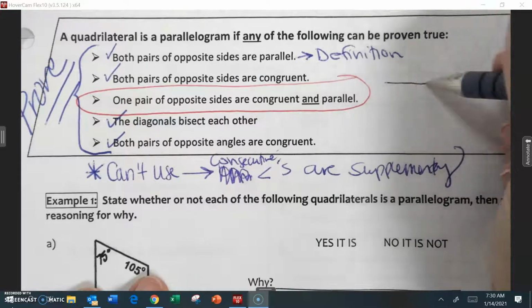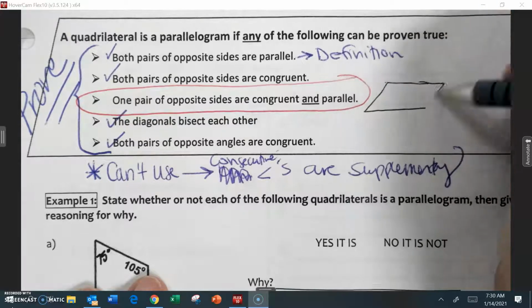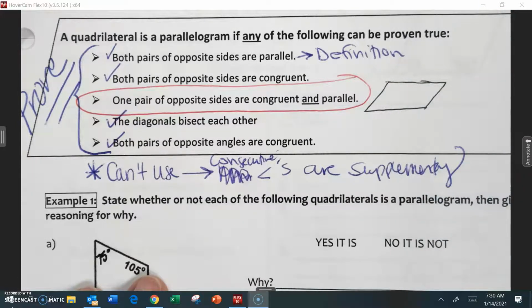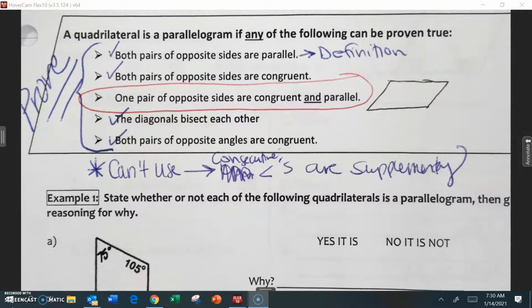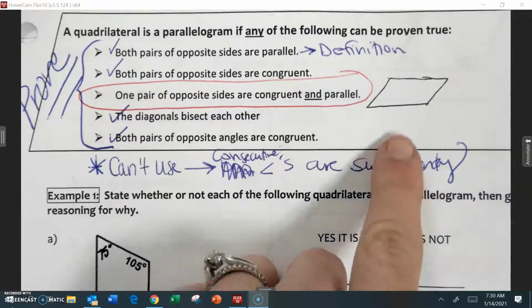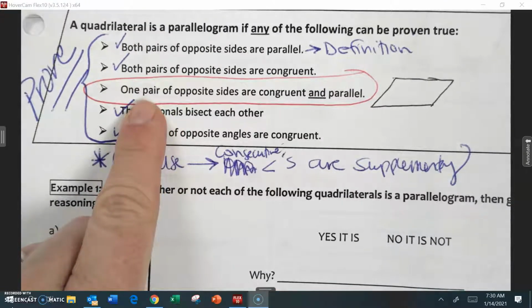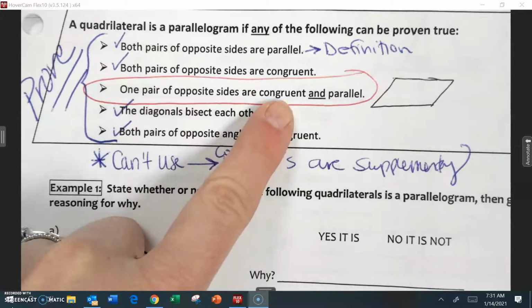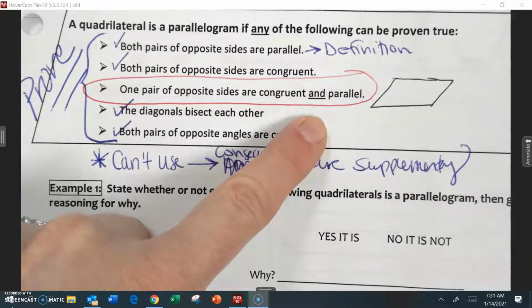Okay? Right now off to the side of that statement, I'm going to draw a parallelogram. And what happens is you guys are going to have a lot of visuals. I'm going to be giving you a lot of pictures, and there's going to be some markings on your assignment, and it's going to say, is this a parallelogram? And if it is, you have to look and say, does it follow one of these 5? Could I prove it with one of these 5? And here's the deal. When it says one pair of opposite sides are congruent and parallel, here's what happens.